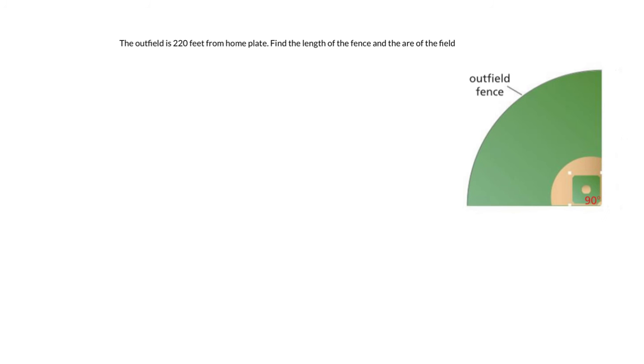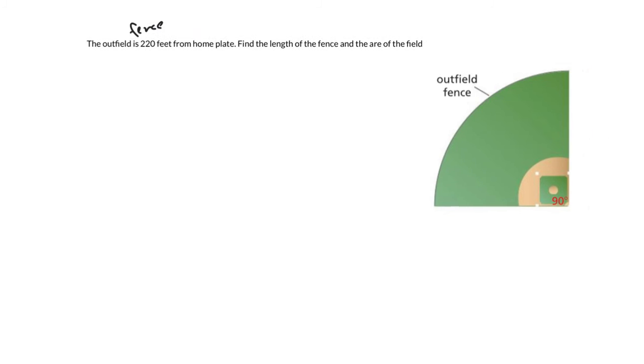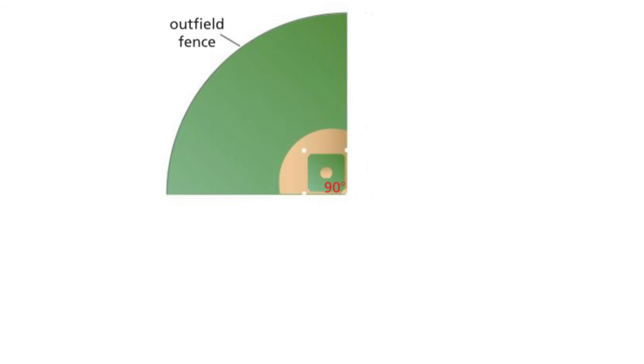Okay. Let's see an application of this. It says the outfield fence is 220 feet from home plate. Find the length of the fence and the area of the field. So we know here, and if you don't know it, you're going to know it now, on a baseball diamond, this angle down here is going to be 90 degrees.